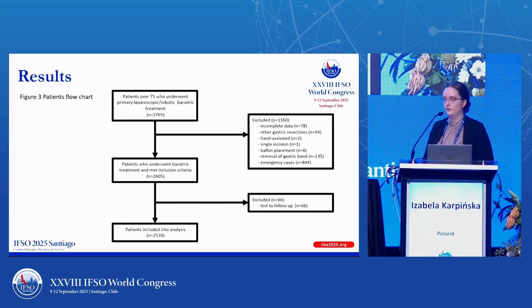As you can see, at first stage, there were nearly 5,000 patients over 75 years who underwent primary laparoscopic or robotic bariatric treatment. Unfortunately, we needed to exclude more than 1,100 of them because they didn't meet the inclusion criteria. And subsequently, we excluded 66 more patients due to loss to follow-up.